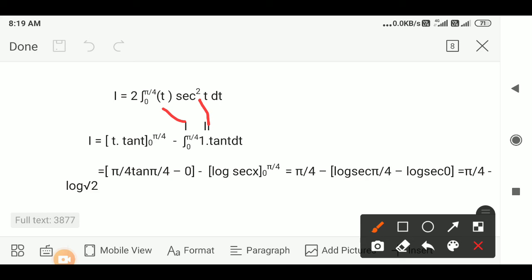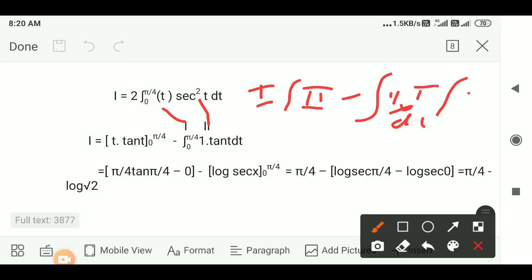So the integration becomes first function times integration of second, minus the whole integral of differentiation of first times integration of second.